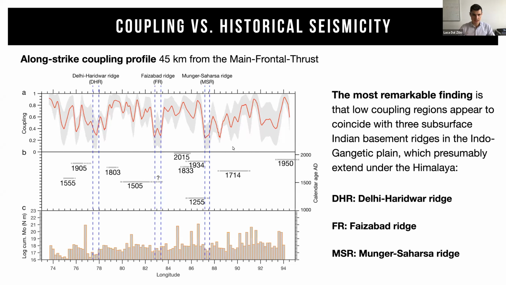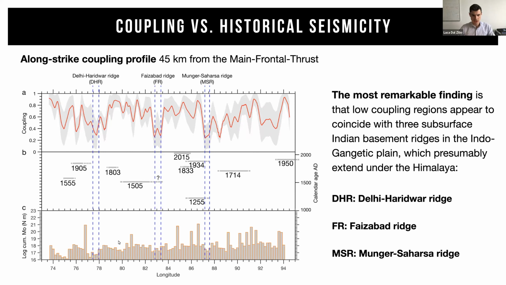Here is just an example of large events, but we can also look at small events from the present-day seismic catalog, and plot the cumulative moment released over time within this period of the catalog, and see how it spatially correlates with the structure.